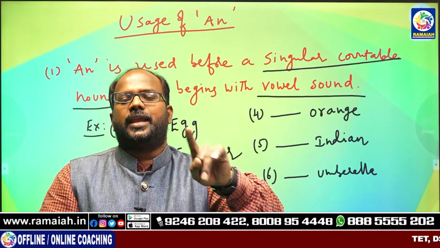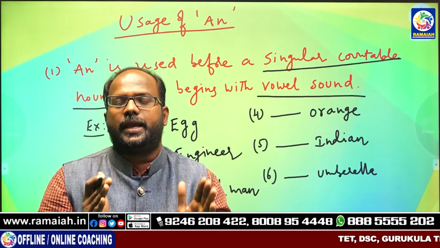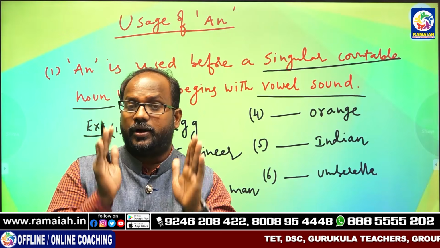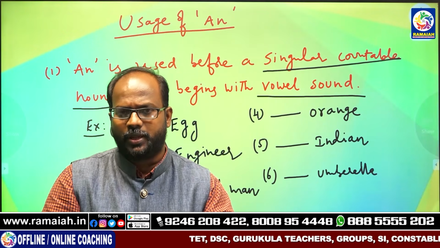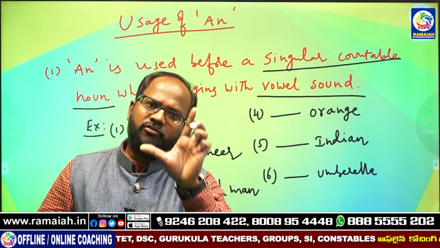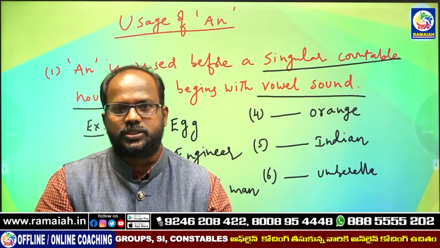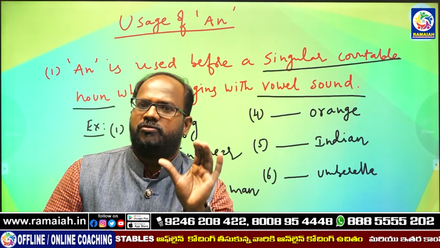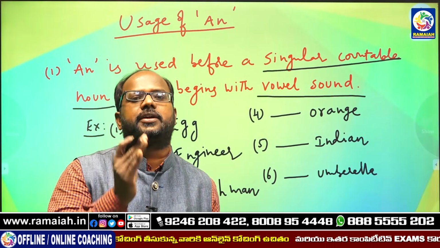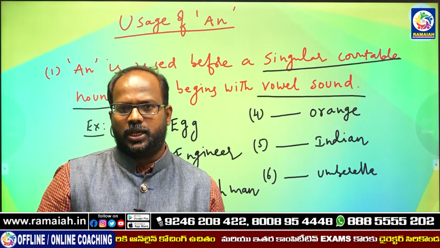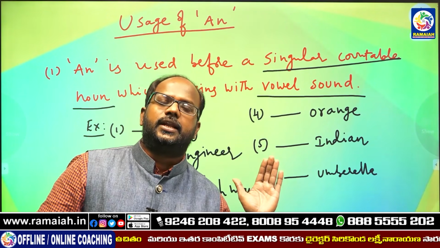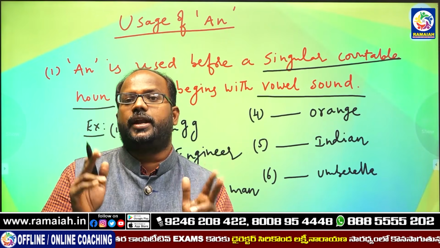Don't look at A, E, I, O, U. Look at the sound. There are 20 vowel sounds. What do you mean? 5 vowel letters are giving 20 vowel sounds. 12 are pure vowel sounds. 8 are diphthong sounds. You will know about it in detail in the topic phonetics.